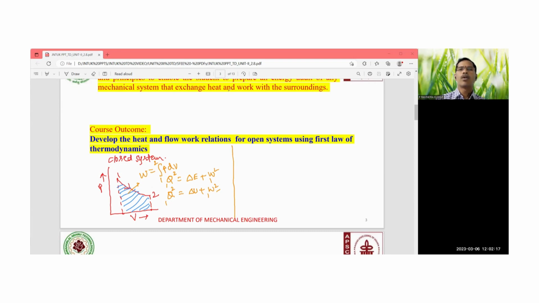For today's class, in an open system, when you draw the PV plane, this is the area.